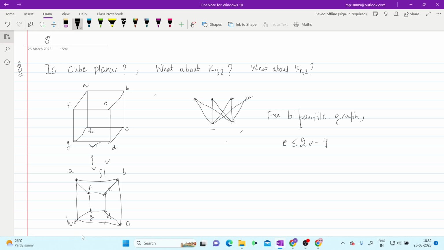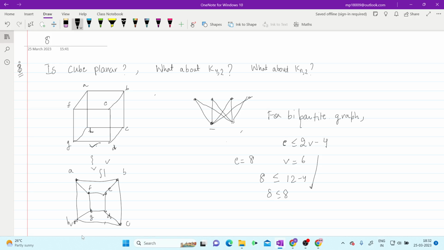The number of edges is 8, and the number of vertices is 6. So 8 is less than or equal to 12 minus 4, so 8 is less than or equal to 8. From this inequality, we cannot conclude whether this graph is planar or not.